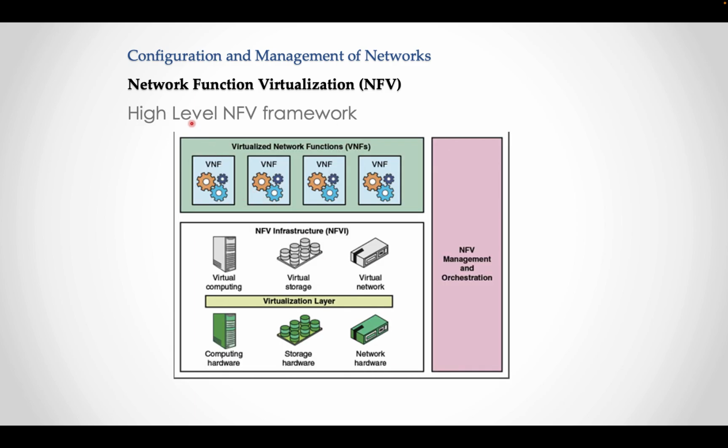So what happens here? If I look at this at a very high level, what I have is computing hardware, storage hardware, and network hardware, physical hardware. Okay? So these are servers, disks, and switches and routers. And I'm going to virtualize this into virtual computing, and this is a very easy concept for us nowadays. These are virtual machines or containers. Same thing for virtual storage.